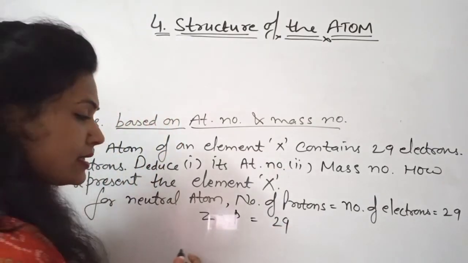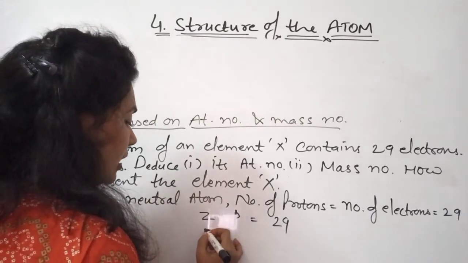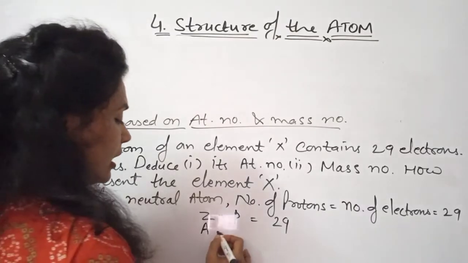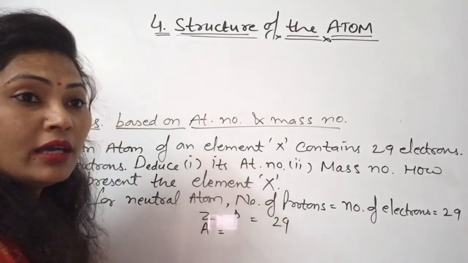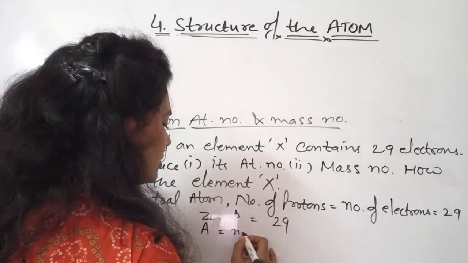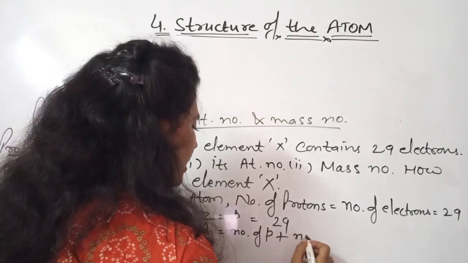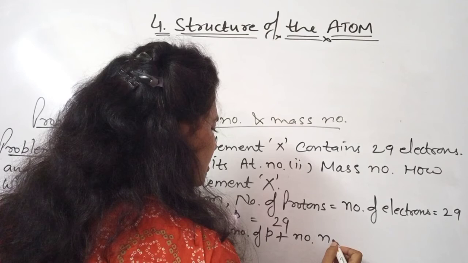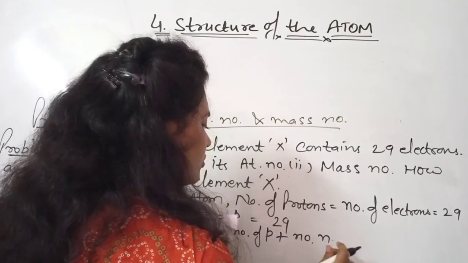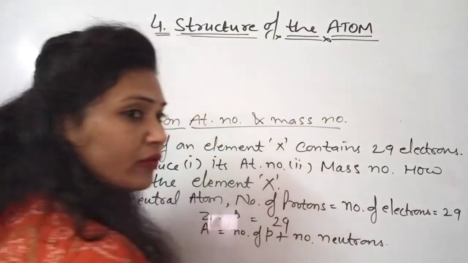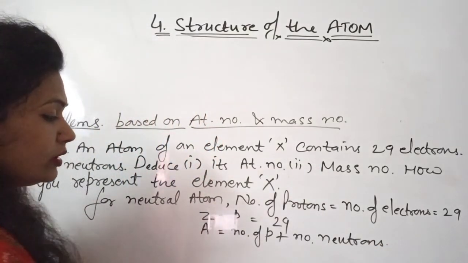Now find out the mass number. The mass number is denoted by A. And mass number is equal to the number of protons plus the number of neutrons. Now put the value.